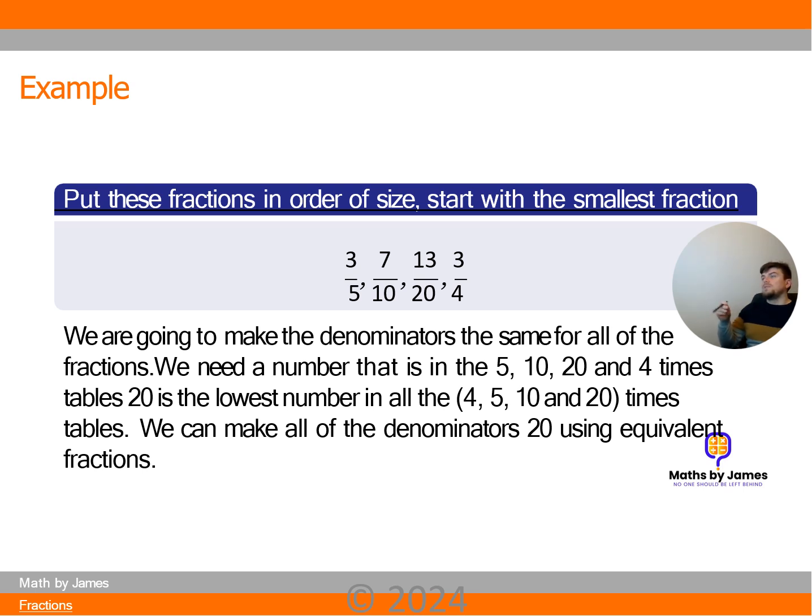So we're going to make all the denominators the same. We need a number that is in the 5, 10, and 20 times table and 4 times table. 20 is the lowest number that fits in these times tables. We can make all the denominators 20 using the equivalent fractions.